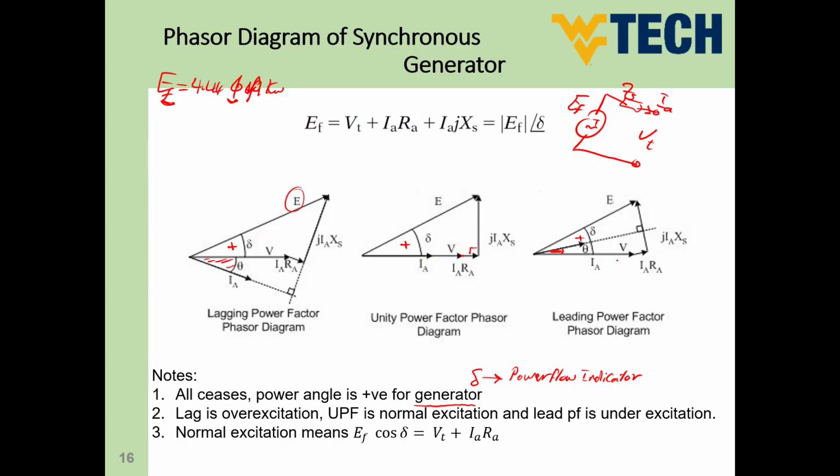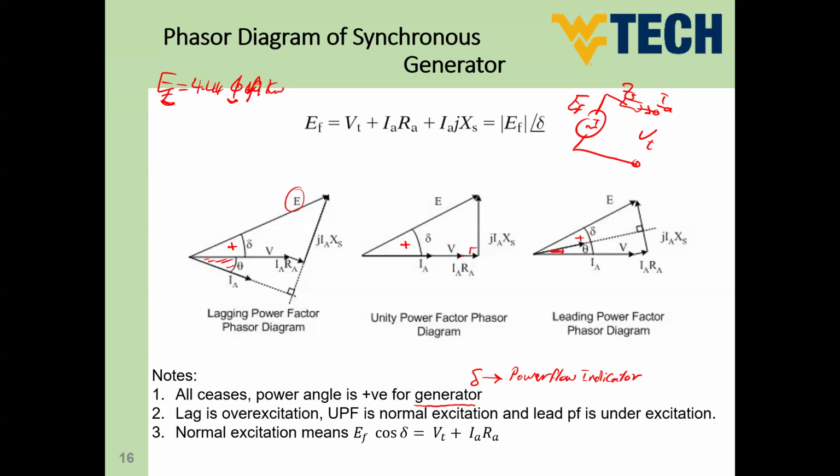So we have three different cases for excitation: over excitation in case of lagging, normal excitation in case of unity power factor, and under excitation in case of leading power factor. So these are the three cases that we have from here.